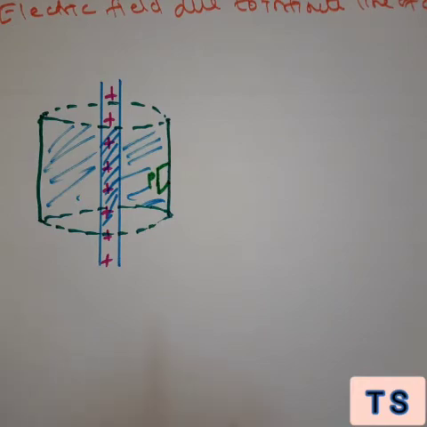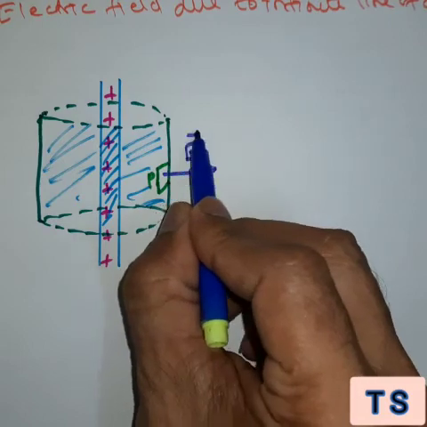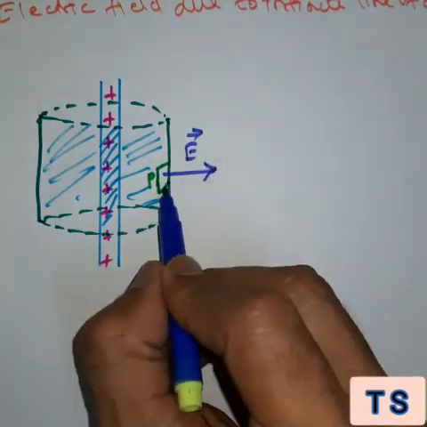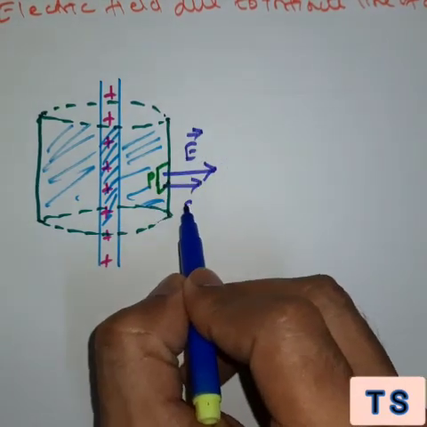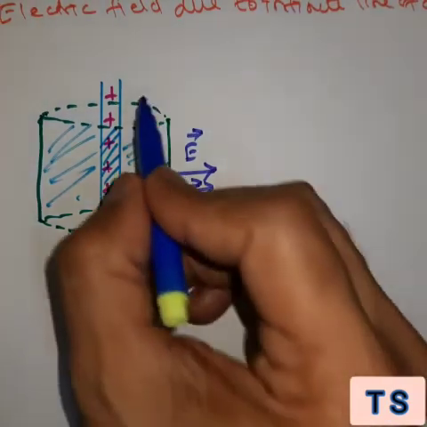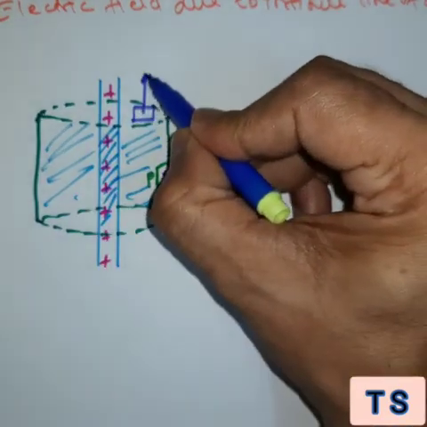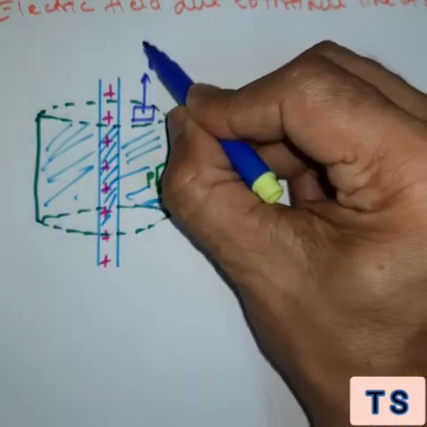If this is P, from here my electric field is E bar, normal to the surface, and this will be my dA bar, area vector. Similarly, if I take a small area over here, then this is my dA bar.